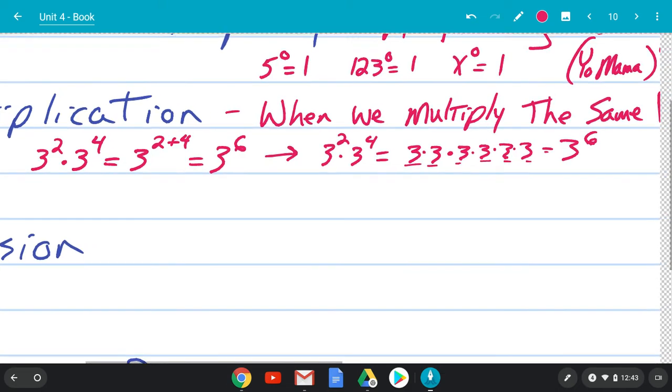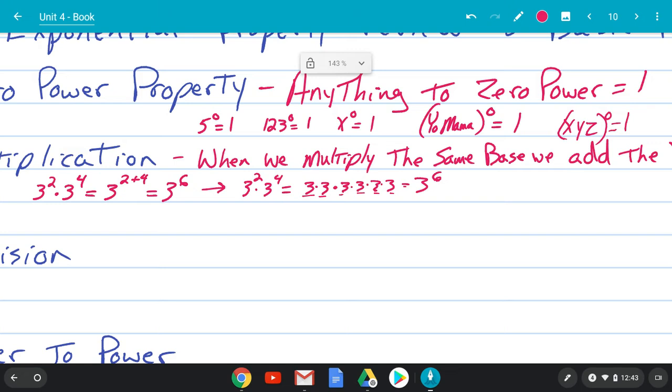Well, what if I had variables? x to the 3rd times x to the 5th. As long as the base is the same, we simply add the exponents. So this would be x to the 3 plus 5, which is x to the 8th.